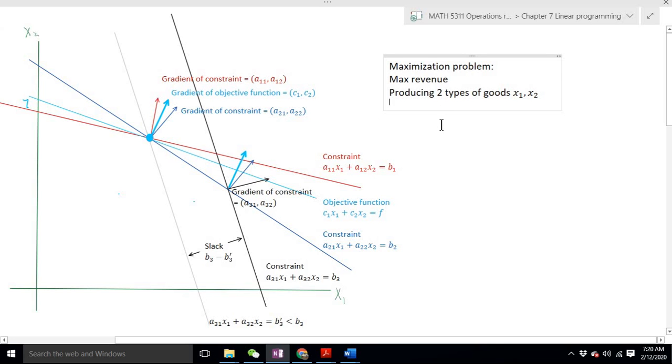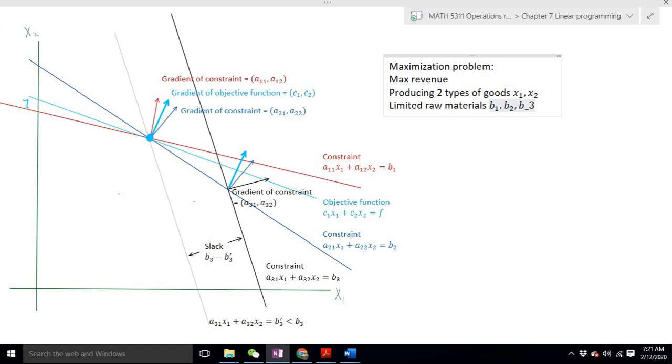you also have a limited number of resources, or limited raw materials, you could say. And these limitations are represented by some numbers B1, B2, and B3.